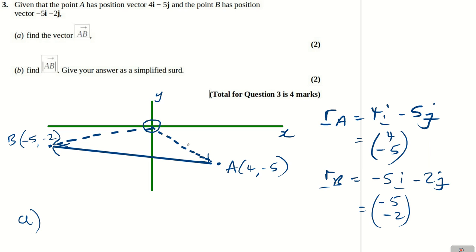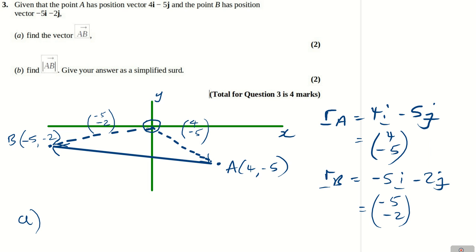I'm not saying anything new, I'm just writing it on the diagram. That vector there is (4, -5), and that vector there is (-5, -2).